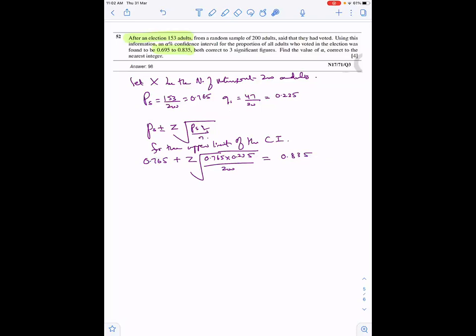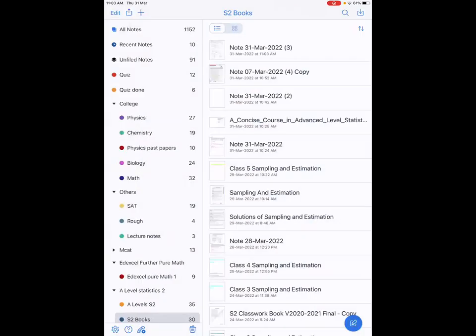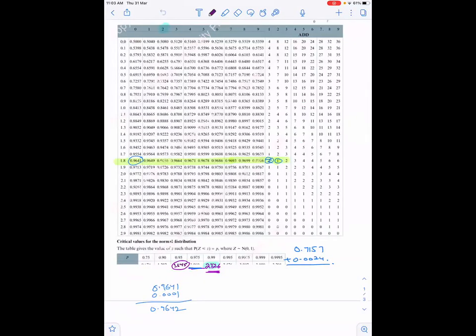So I'm just quickly doing this: 0.835 minus 0.765 divided by the square root of 0.765 into 0.235 divided by 200. Okay, so z equals 2.335.